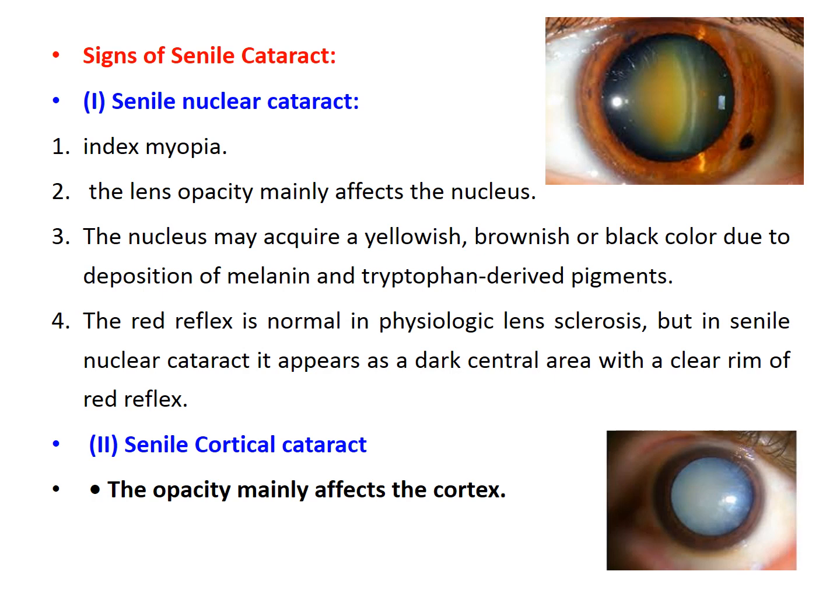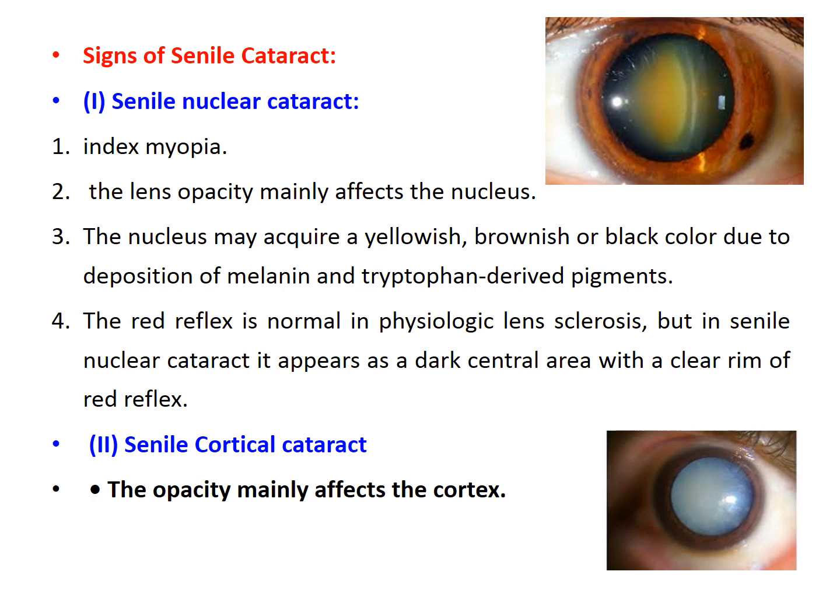In relation to the signs seen by examination of a patient with senile cataract, in case of senile nuclear cataract, we have what is called index myopia. The patient is shifting to the myopic side due to increase of the refractive index of the nucleus.